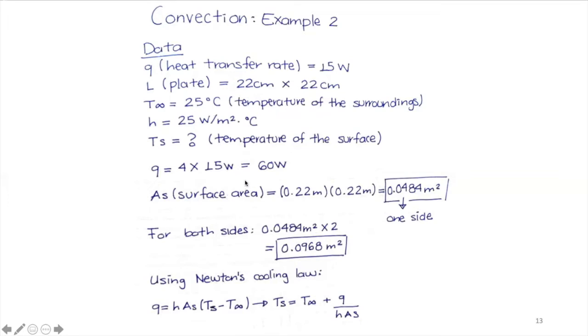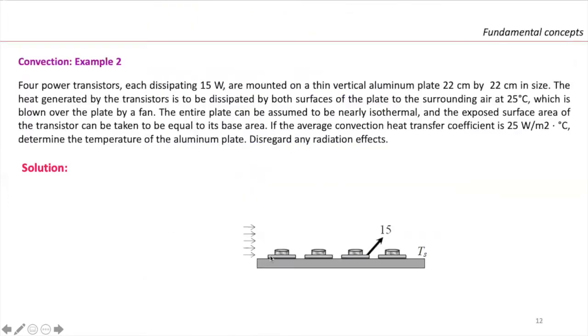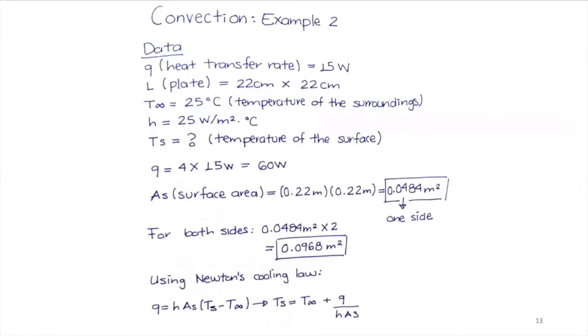Despite the transistor having a very distinctive structure, or geometry, we are considering that it's the whole base. We are not considering these small features of the geometry. So the whole base, for simplicity. Then the surface area is going to be 0.22 times 0.22 for one side, if the heat is only dissipated by one side.